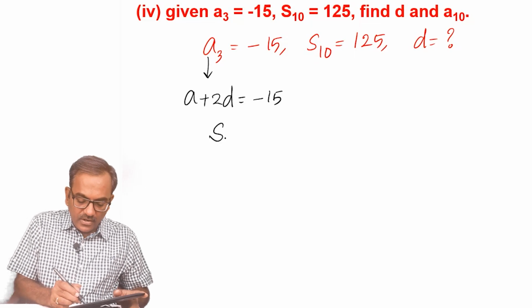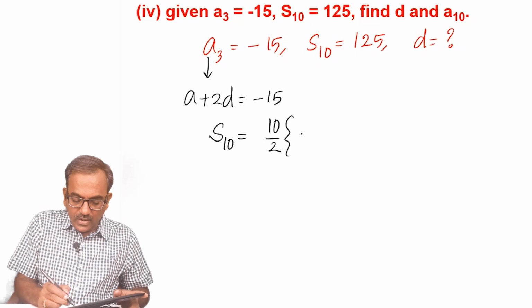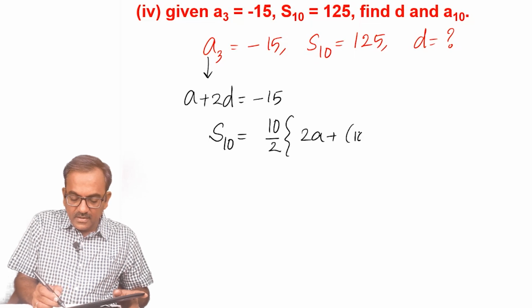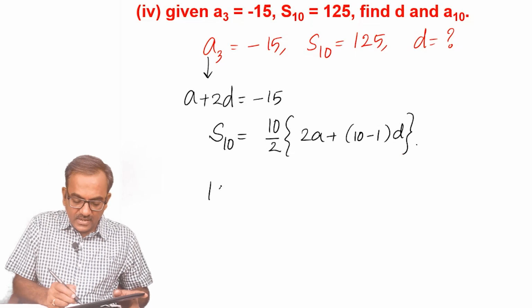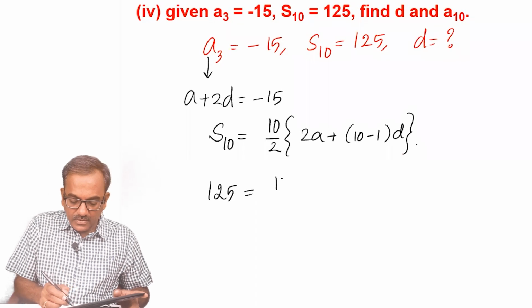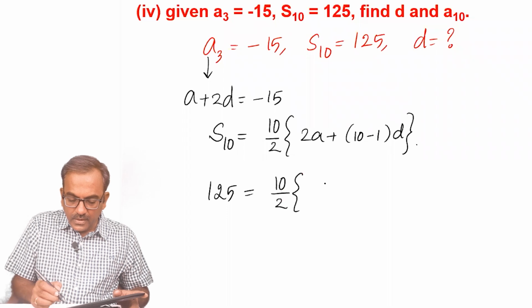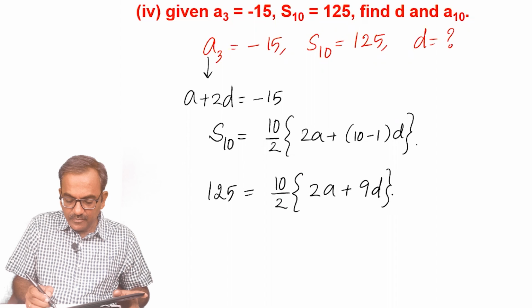Now, let us see what is S10. S10 is equal to 10 by 2 times 2A plus 10 minus 1 into D. So S10 is 125 is equal to 10 by 2 into 2A plus 9D.